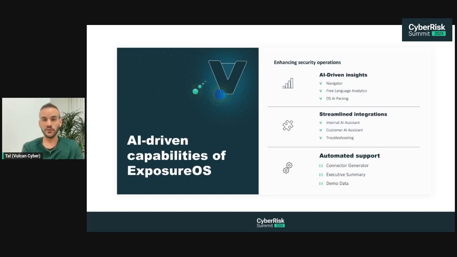All of that together, the third category that we're looking at right now is automation, and specifically automation support. We're going to give you an assistant that gives you executive summaries. So there's a lot of assets going up and down, vulnerabilities that are being fixed and then vulnerable again, or a lot of exceptions. You go into the platform, and you want to know the status of your risk, the status of your integration.